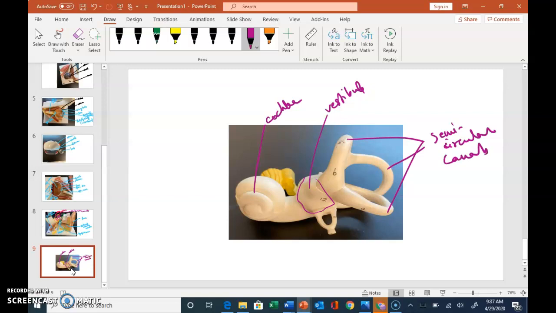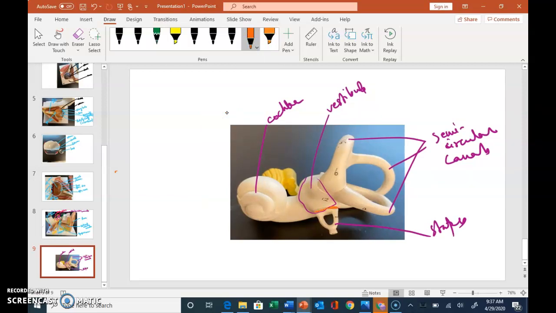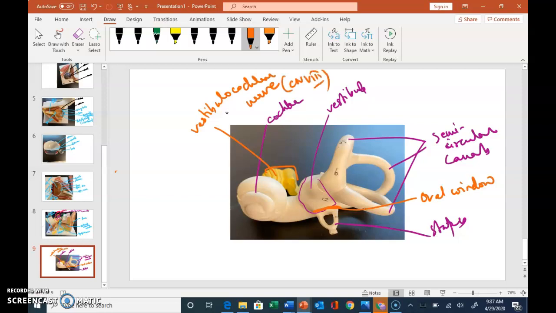This bone that sits here is the stapes, and remember, stapes sits on a window, so this line represents a window. This is called the oval window. And the yellow part is the vestibulocochlear nerve. Again, check your hit list. This is cranial nerve number 8. Check your hit list if this is included in the ear.